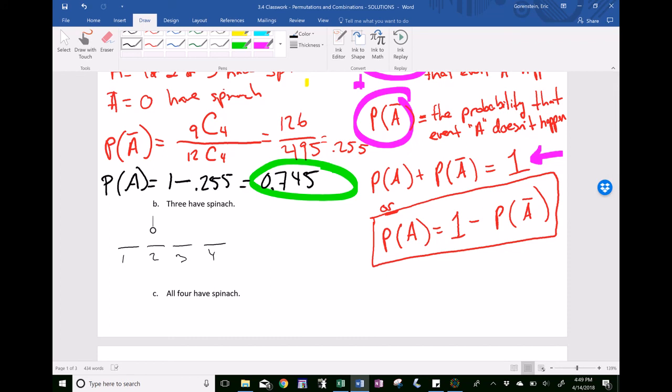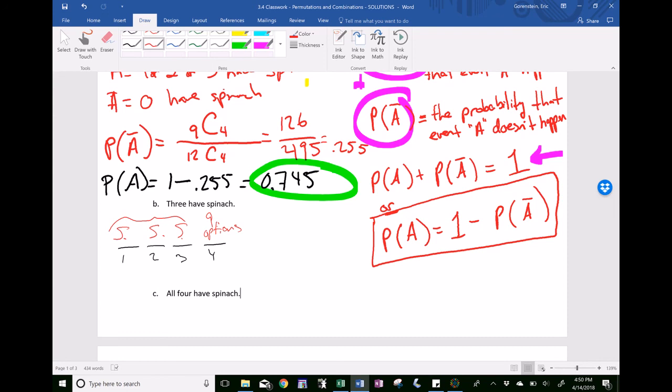For the first 3, there's only one way to choose them because there's only 3 spinach options and we have to select all of them. So there's going to be a spinach choice, a spinach choice, a spinach choice. There's only one way that could happen. For the 4th option, now there's 9 more options to choose from. So 1 times 1 times 1 times 9.